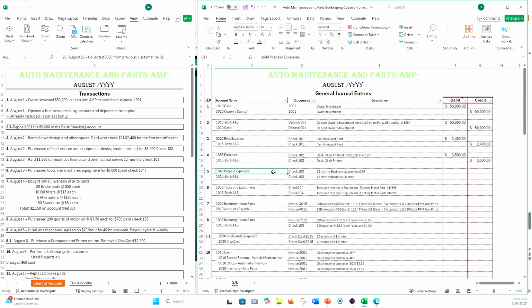So we use check 103. We just type some description that says this is for a 12 months business license, and we can put an invoice number. It is very important to understand here that this is a general journal entry that I'm using for all the operations, because we are not using a computerized accounting system. Usually the accounting software already has set up journal entries for banking, accounts receivable, billing, checking.